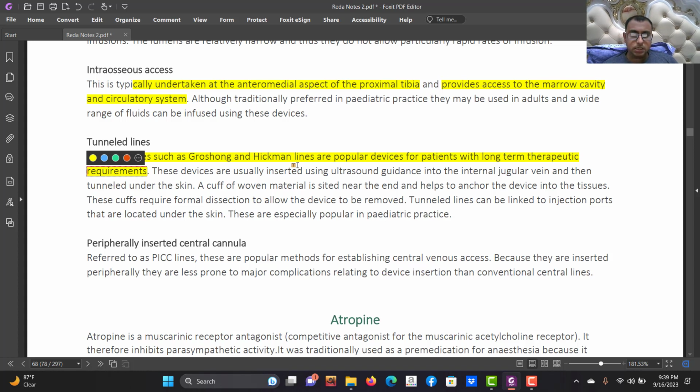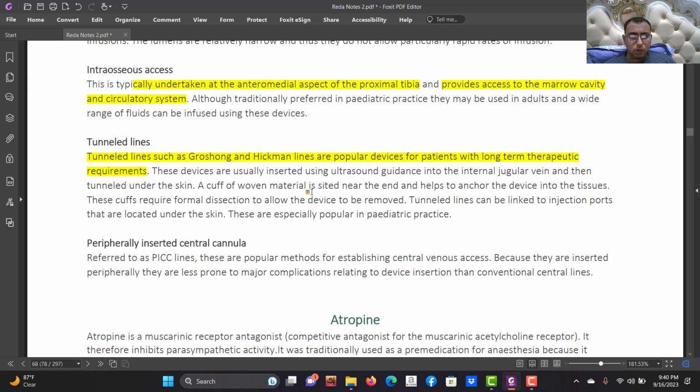That patient might need long-term therapeutic management. In that case, we should use the Groshong and Hickman's line, which is popular. It can be kept for a long time, and therapeutic management like TPN or other nutritional supplementation or medications can be accessed through these two lines.